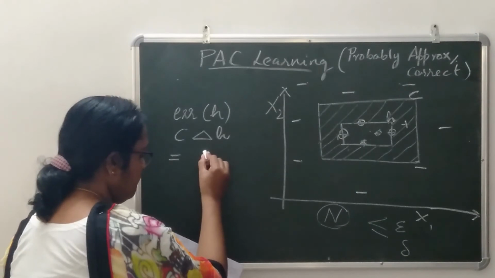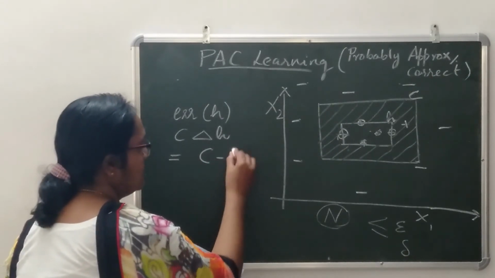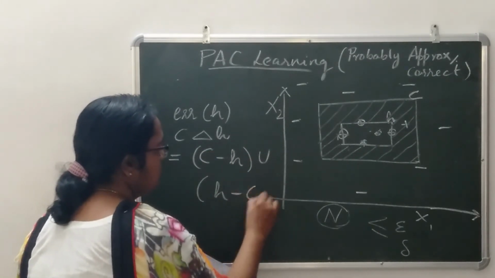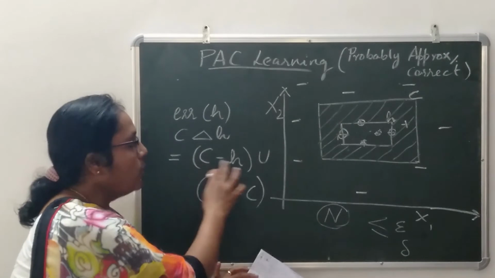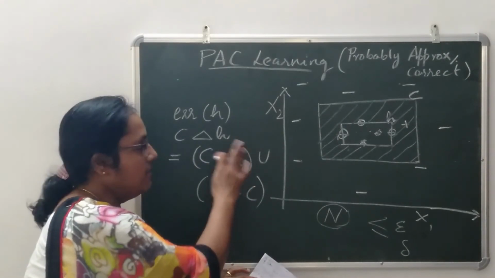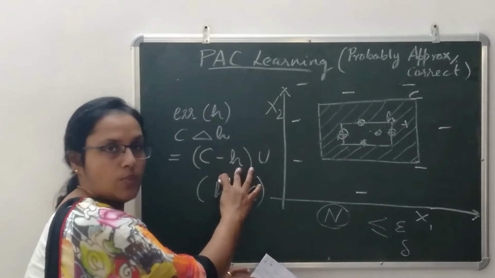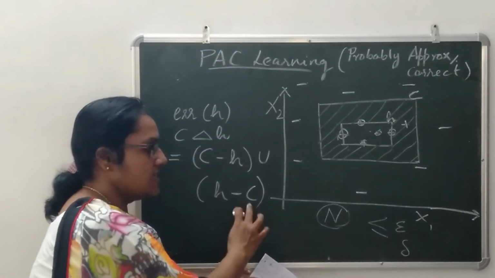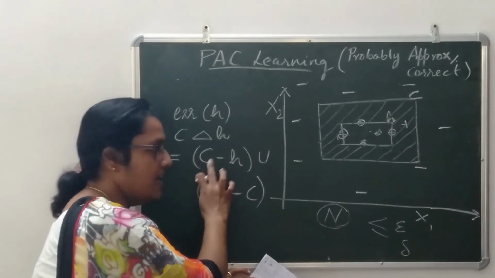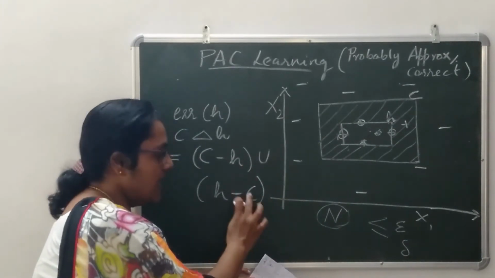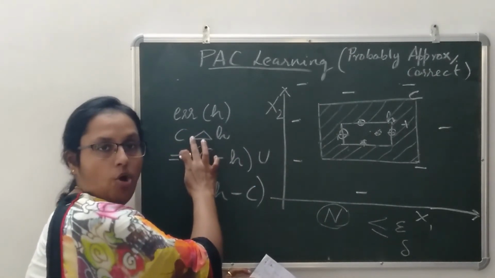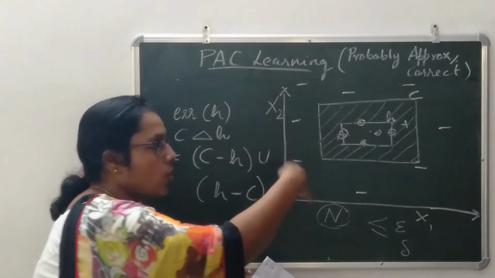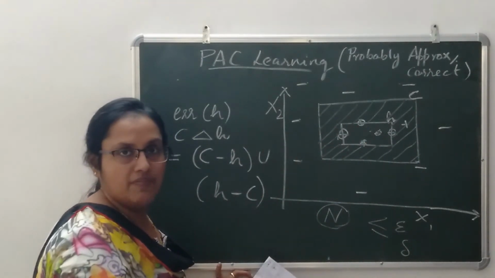It's wherever C minus H union H minus C. If both values are 0 or both are 1, there will be no value here. Only in places where C is different from H and H is different from C. So only if C is 1 and H is 0 or H is 1 and C is 0, this error occurs. So C delta H is simply C minus H union H minus C for all the test samples that we are giving.